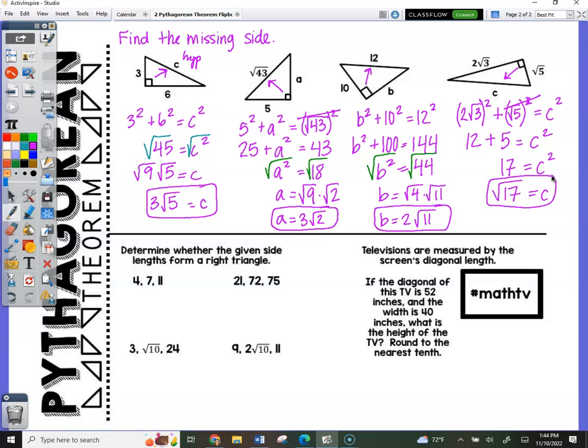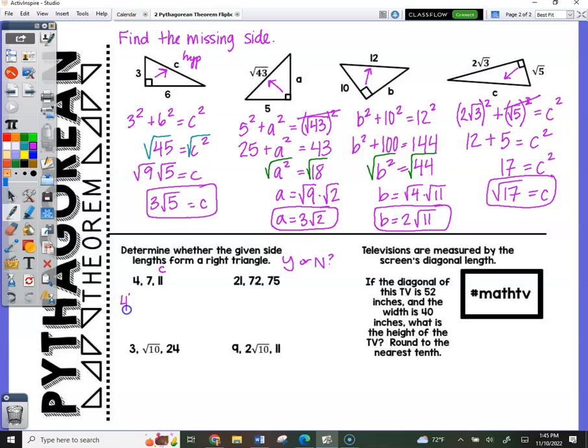Determine whether the given side lengths form a right triangle. That means this is yes or no. You have to look at the 3 numbers and determine which one's the hypotenuse. Then you just plug them in and check the left with the right. 4, 7, and 11. Clearly the 11 has to be the hypotenuse. So plug it in.